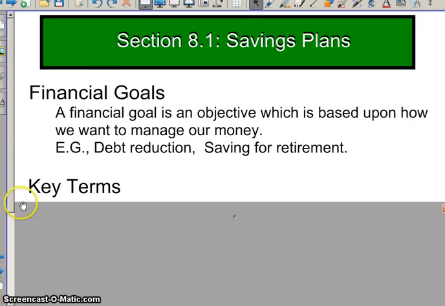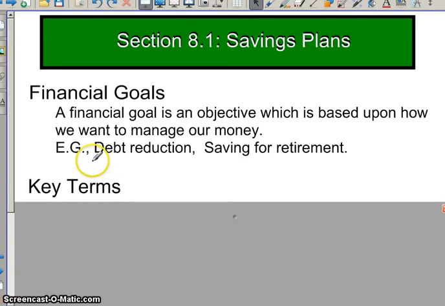When we talk about savings plans, we first have to understand what our financial goals are. Financial goals are just an understanding of how you want to manage your money. Why are you saving your money? How are you spending your money? So for example, one financial goal might be debt reduction. This has to do with when people loan you money.